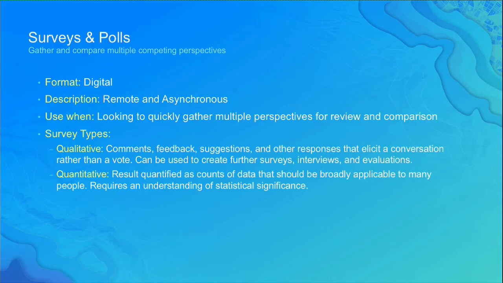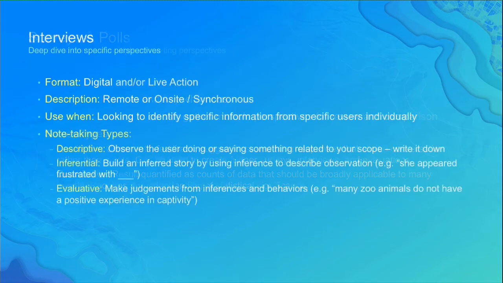So a couple different ways to build these, but the point is that they're generally fast and easy. There's many services like Survey Gizmo or SurveyMonkey that you can jump in and make this process rather swift and painless. So surveys and polls: a really fun, quick, easy way to gather information.